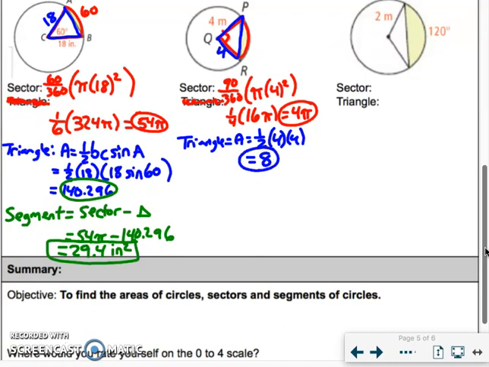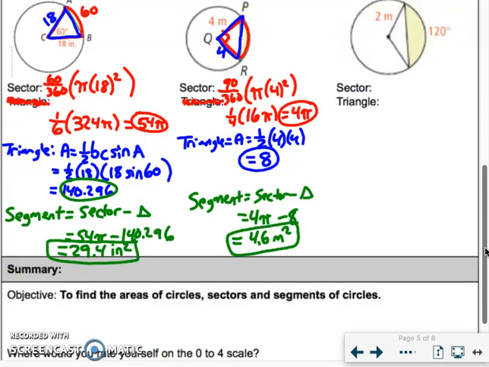So last thing here, I need to get the segment. The segment is going to be the same thing each time. It's going to be the sector minus the triangle. So for the sector, we got 4 pi. For the triangle, we got 8. We're just going to subtract those two, and to the nearest tenth, we get 4.6 meters squared.